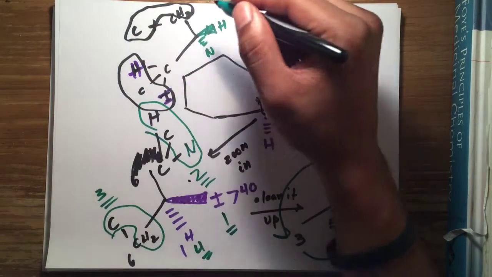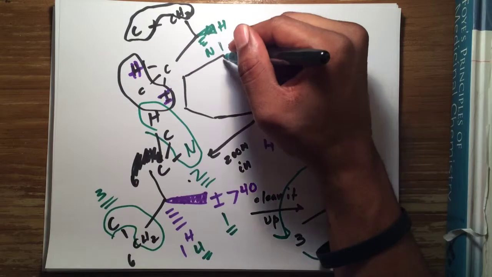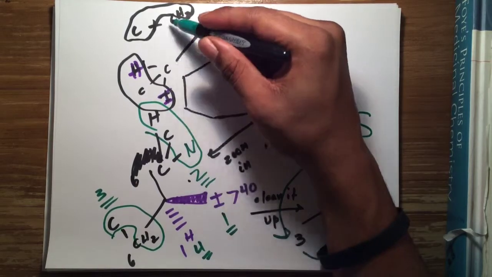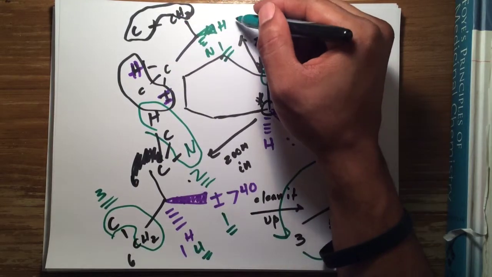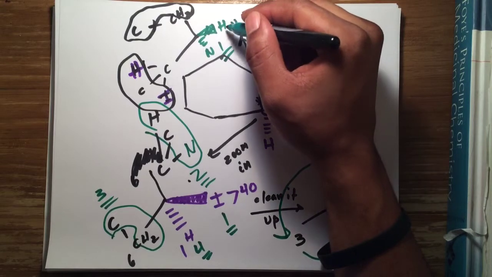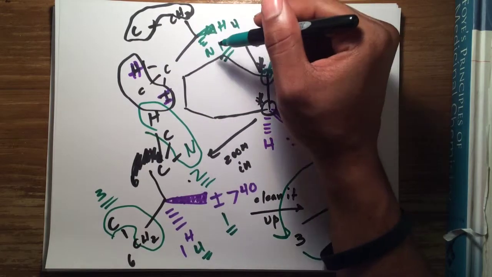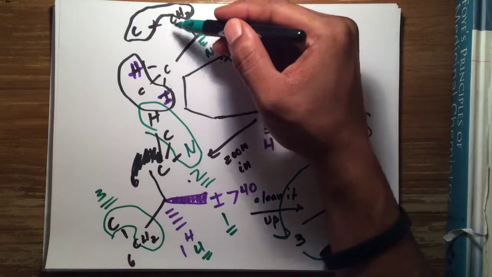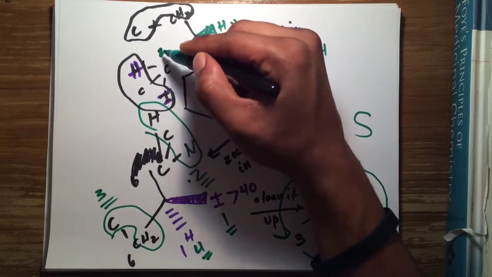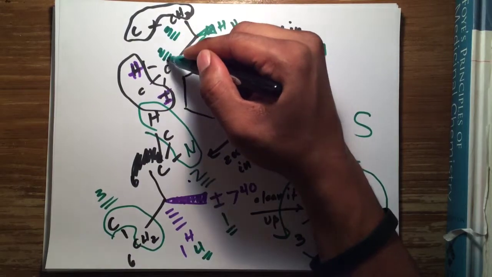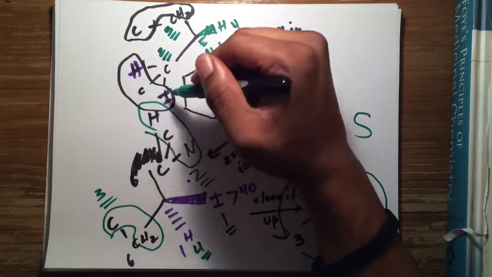So nitrogen will be number 1 because it has a higher atomic number than these 2 carbons. This hydrogen is going to be number 4 because its atomic number of 1 is lower than the carbons. So we have 1 and 4, the highest and the lowest, and the ones in between are 2 and 3. This is going to be 2 because of the iodide in this group.